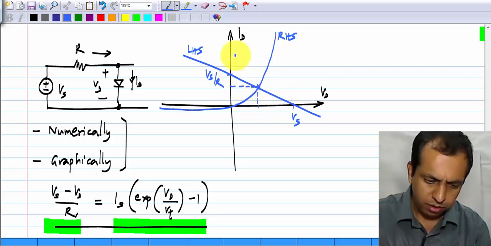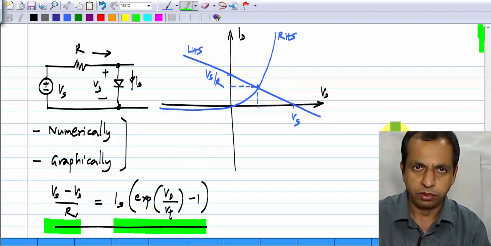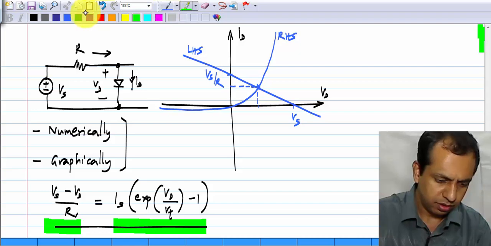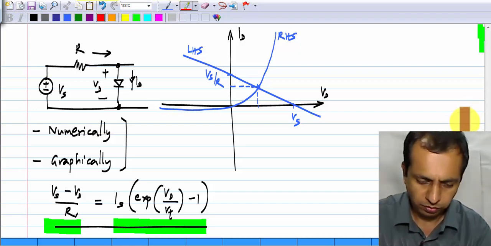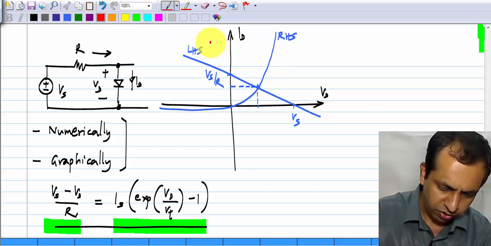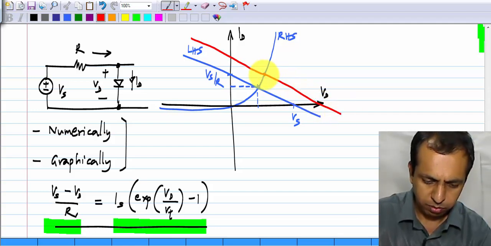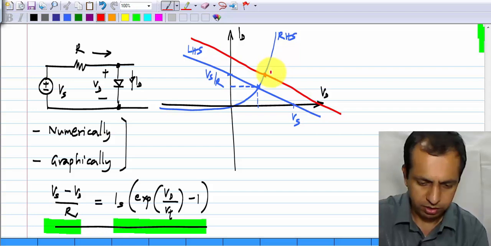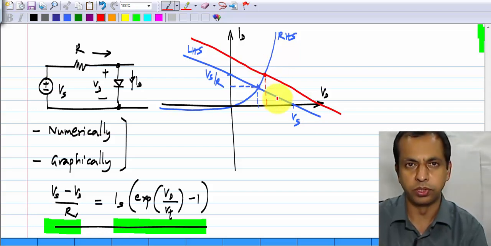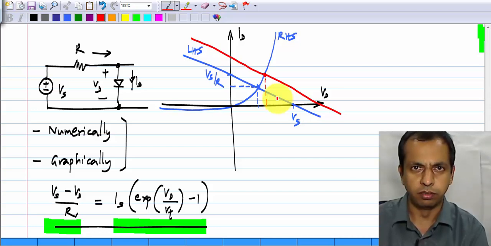Now, as Vs changes, we have to repeat this. So, for a larger value of Vs, in this particular case the right hand side does not change, but the left hand side does. And we have a new solution, new point of intersection with the nonlinear curve.